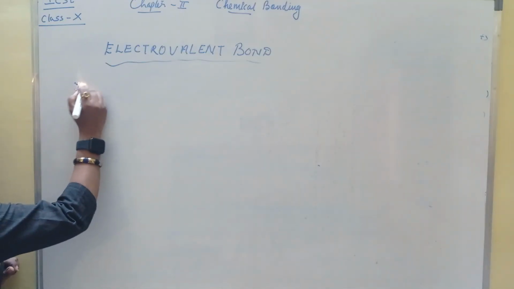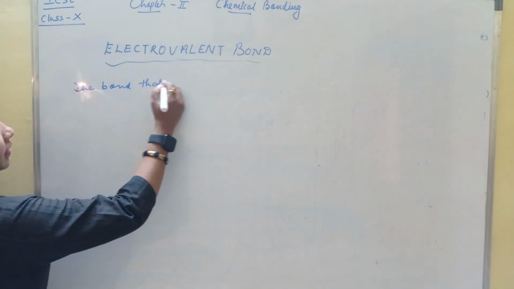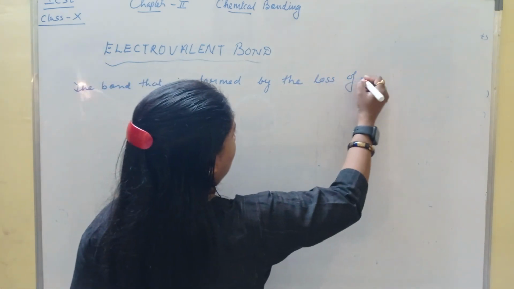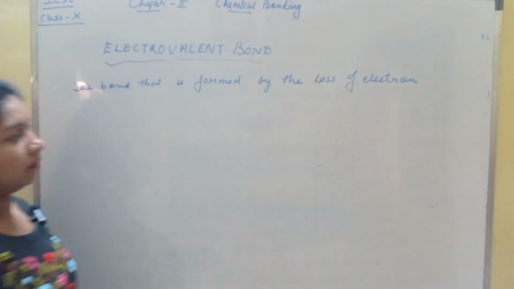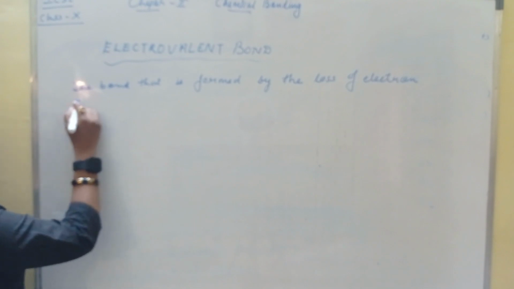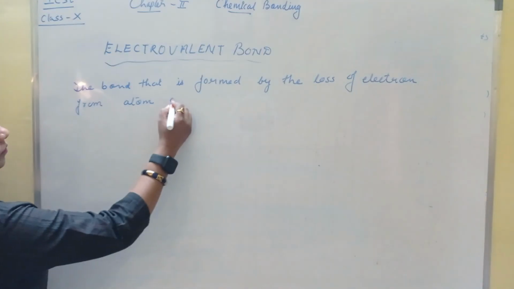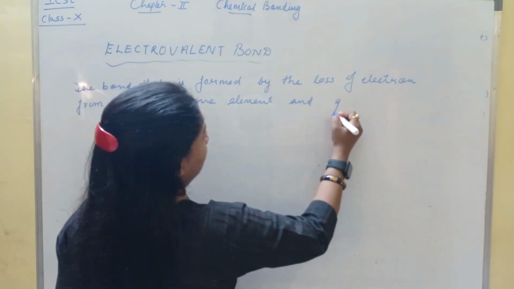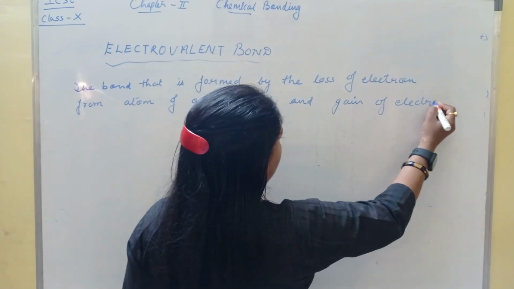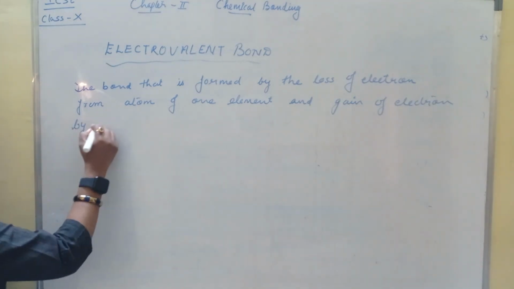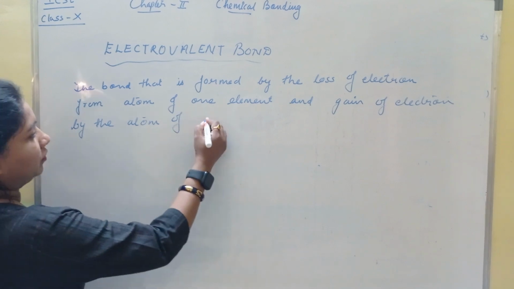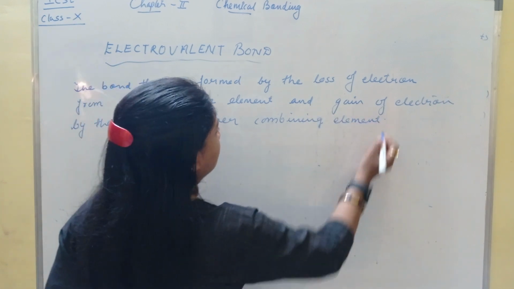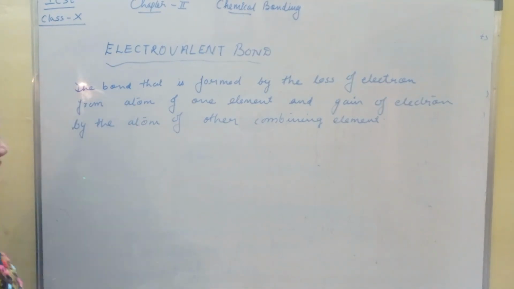So the bond that is formed by the loss of electron from the atom of one element and gain of electron by the atom of the other combining element. This will become more clear with the help of an example.